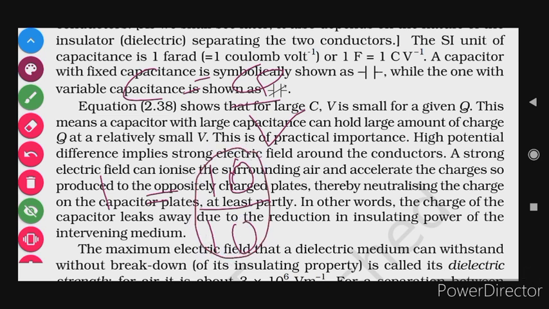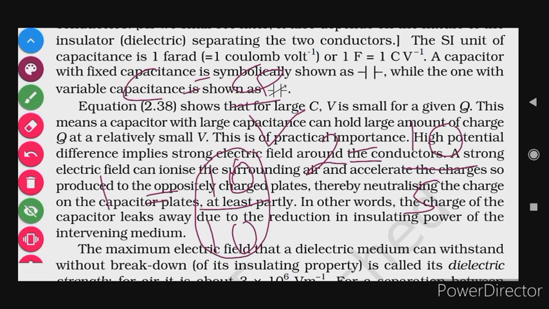In the other case the capacitance is 2 with the same charge. If the charge is 10, the voltage has to be 5. Only then will I obtain 2 here, because this ratio has to be constant.